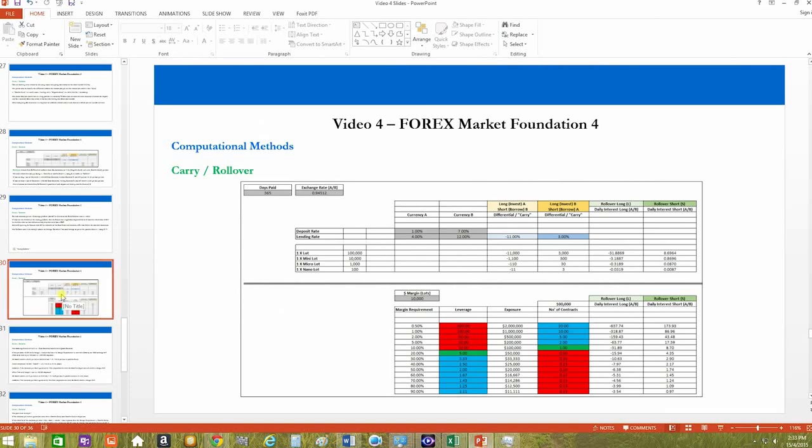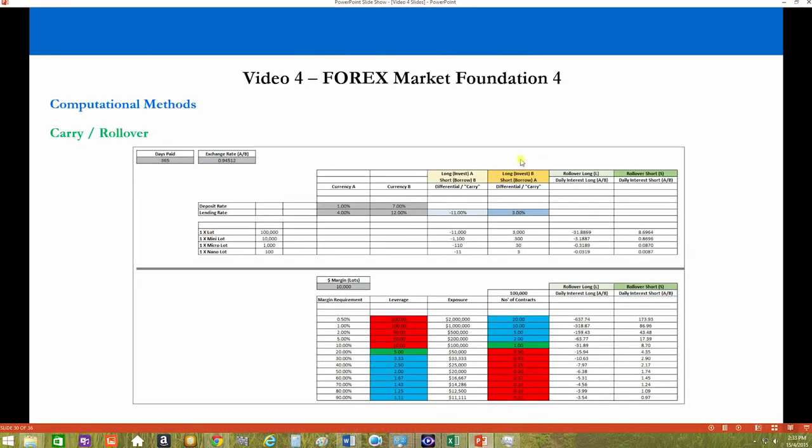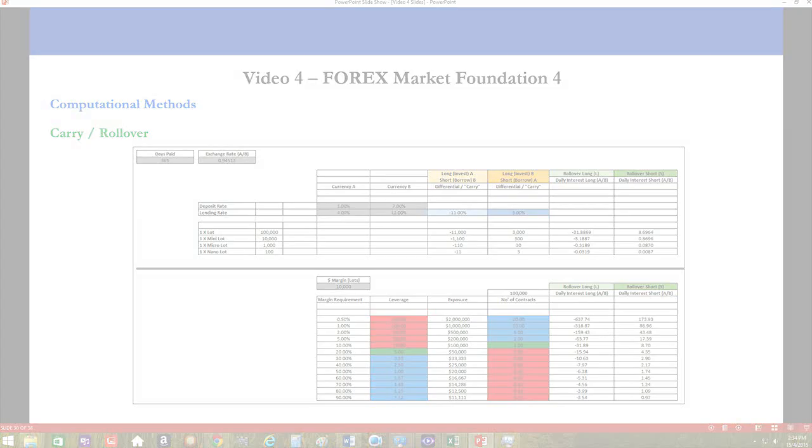In your own time, go through that. It's pretty important to get this information sorted and know what you're doing when you're looking at carry and rollover, because many retail traders don't even check these things and they put currency trades on and they don't even realize that their margin is getting eaten away every single day by negative carry, and the currency pair can literally just not even move and they can be wiped out if they're obviously massively over leveraged.